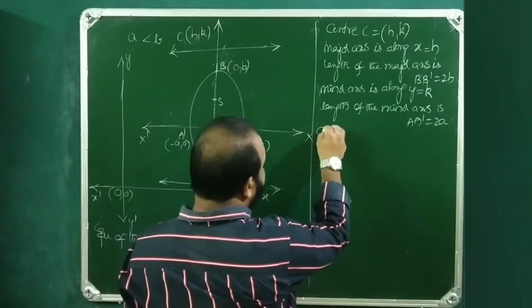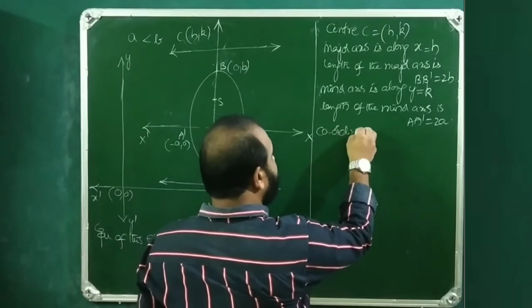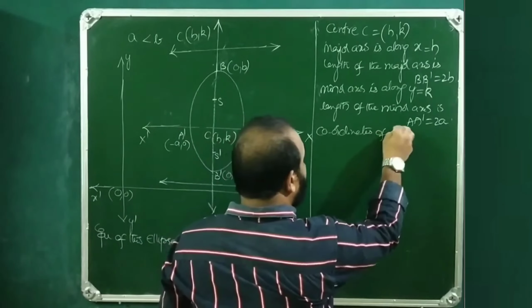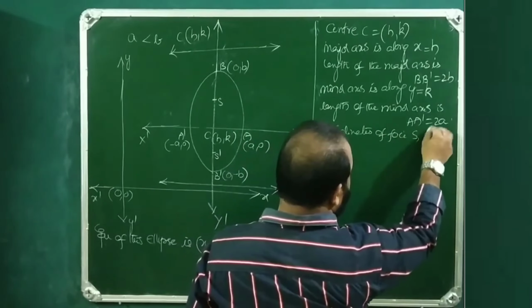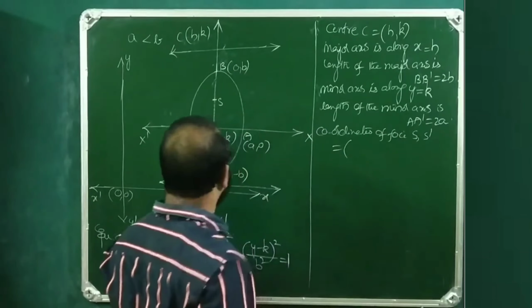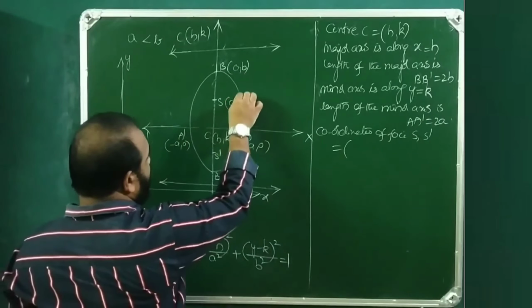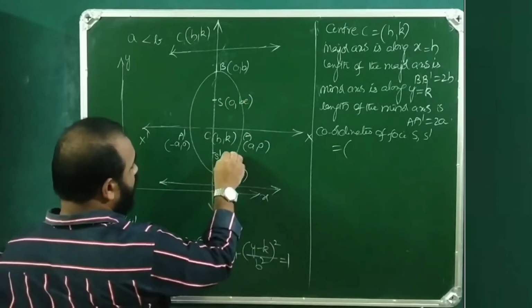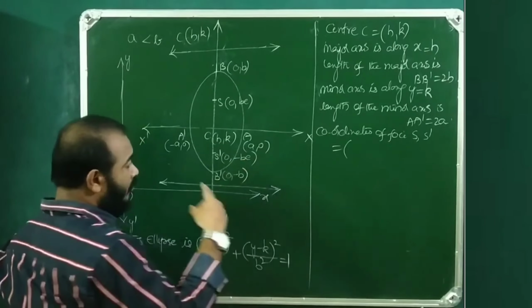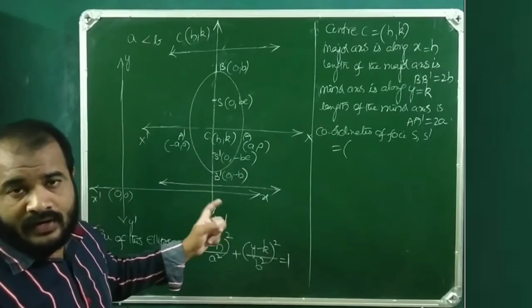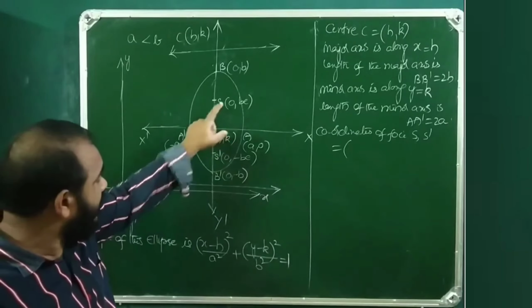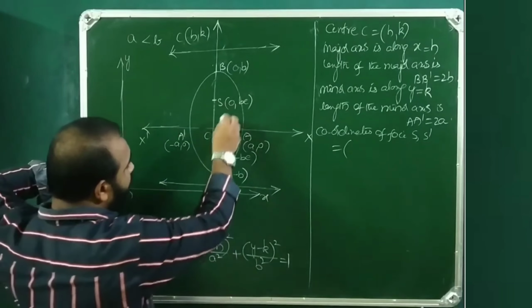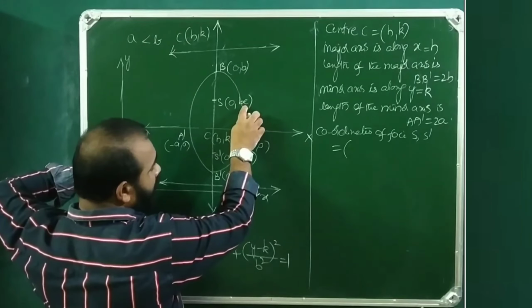Next, the coordinates of the foci S comma S dash. For the ellipse whose center is at the origin, this is 0 comma be, this is 0 comma minus be. But here with 0, h will be added, and with be, k will be added.